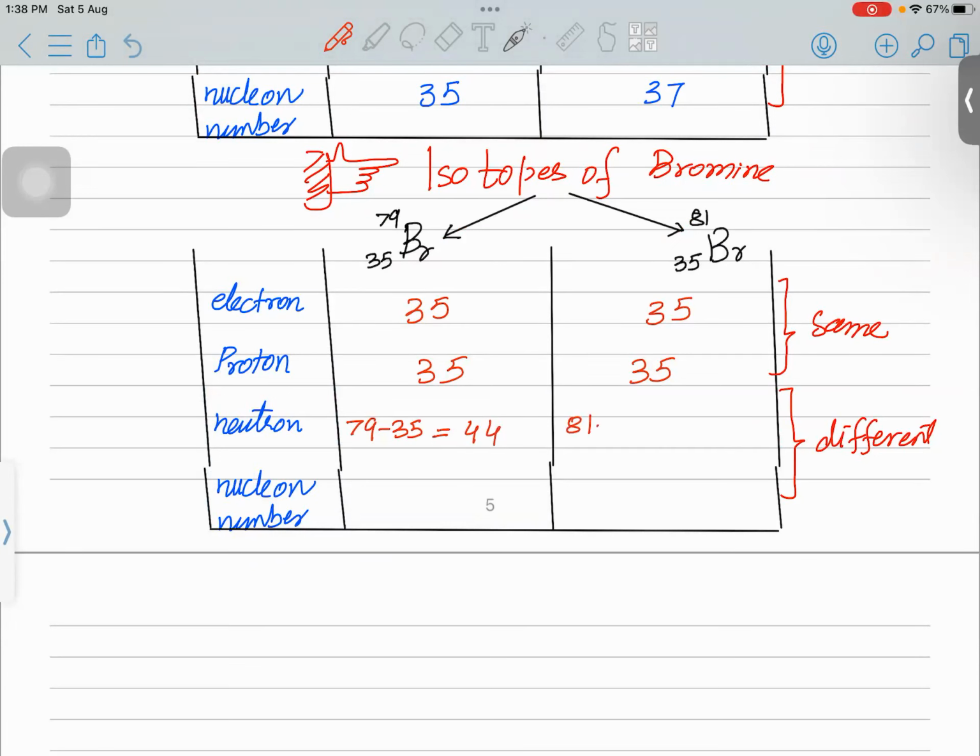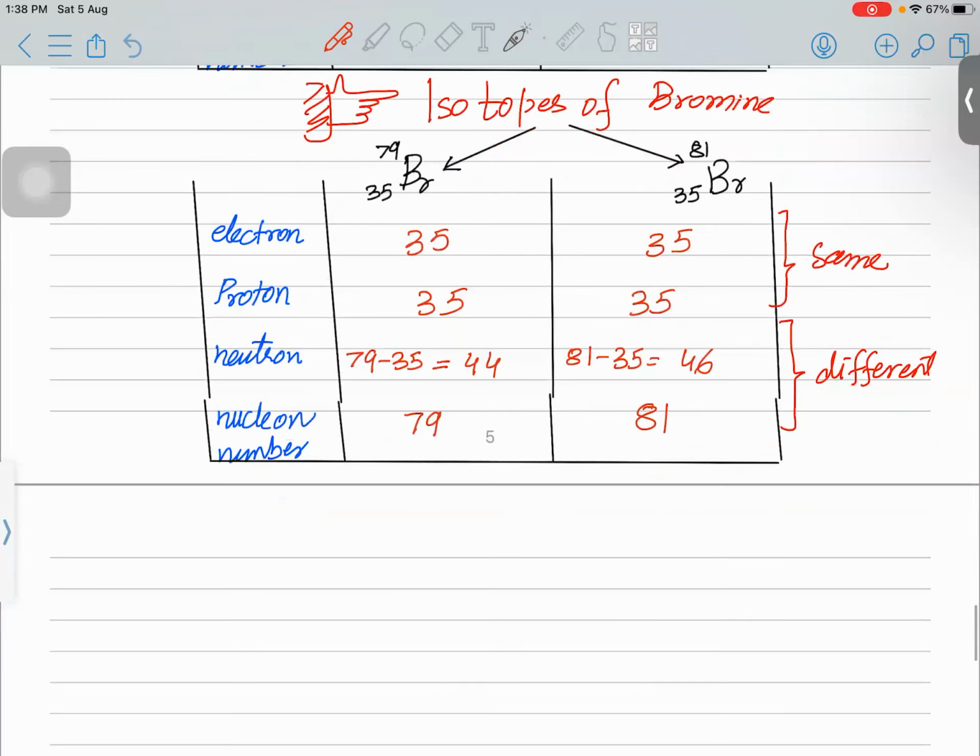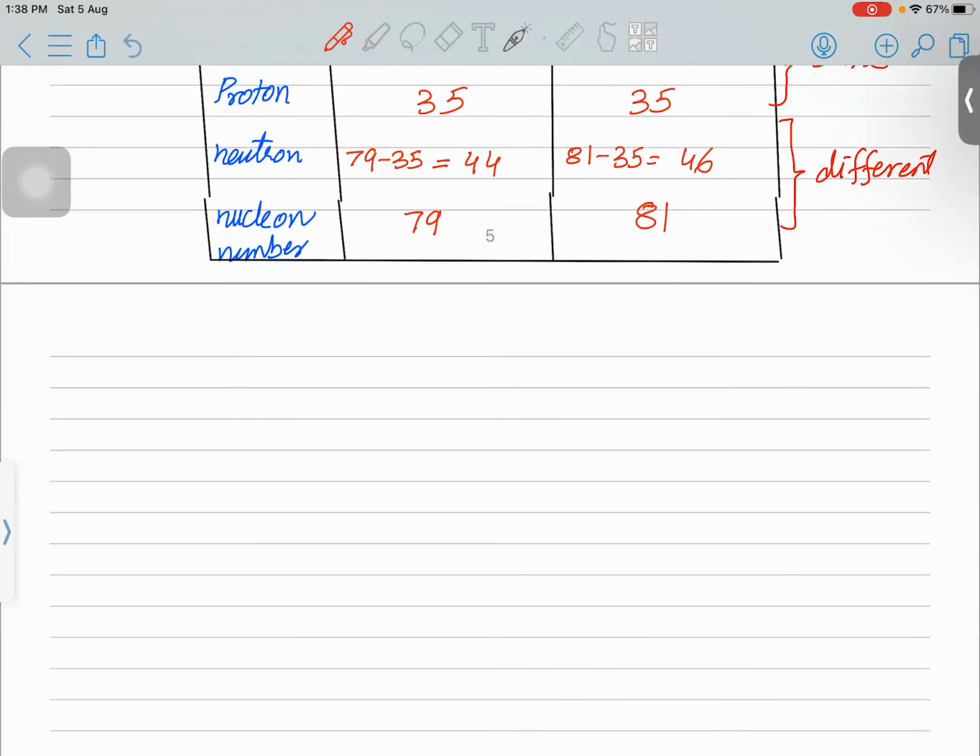You have to memorize these three: hydrogen, chlorine, and bromine. So neutron and nucleon number are different. Here you have 79, here you have 81.